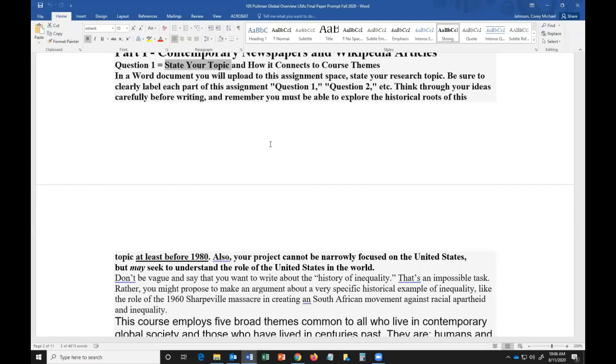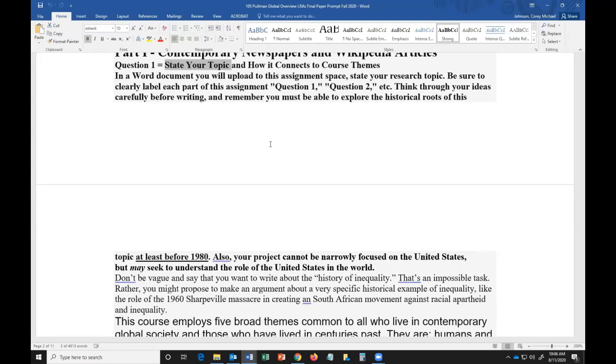Beyond something that's of interest to you, it's something that has to have historical connections. So in other words, you can't write about something that is very recent and exclusively write about that. Bitcoin, for example, would be a topic that's way too contemporary to actually explore the historical roots of it. Now, some instructors say your topic must explore at least pre-1980 history.